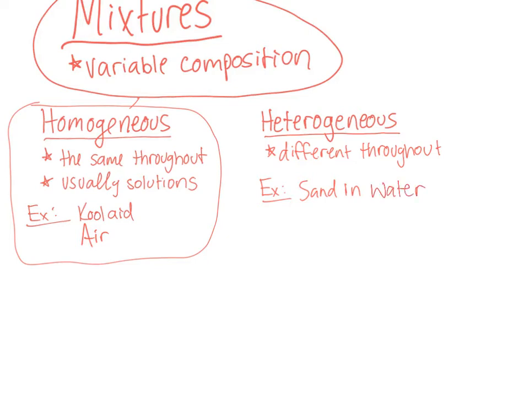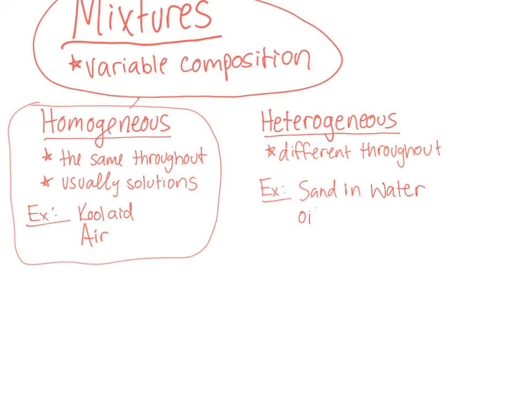Okay. Another example of a heterogeneous mixture is something that you have in your kitchen, right? A salad dressing that people like to have is like oil and vinegar. You know that oil and vinegar don't mix, just like oil and water don't mix. So if you have a bottle like that, you can shake it and shake it and shake it, but it still just goes through and you have these little bubbles of oil sitting on the vinegar.